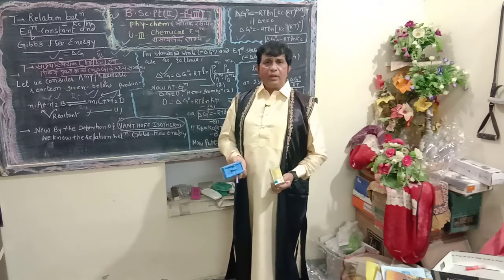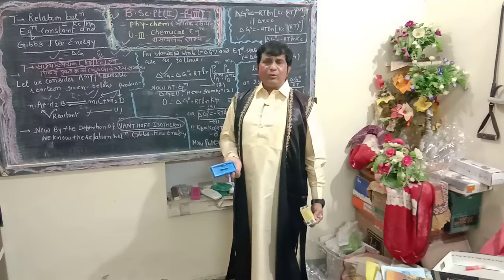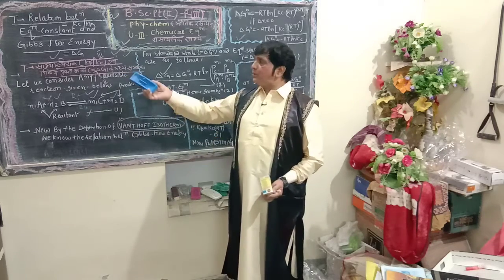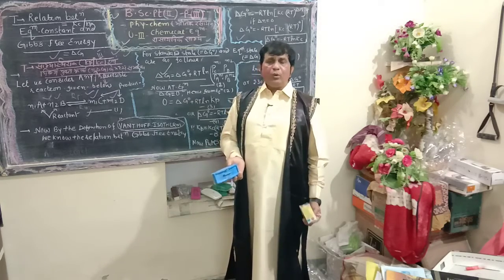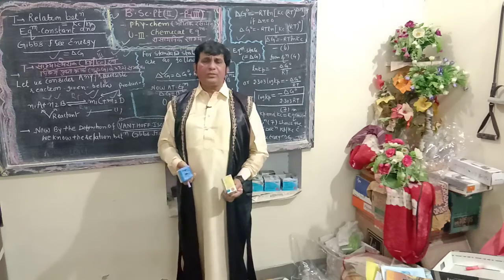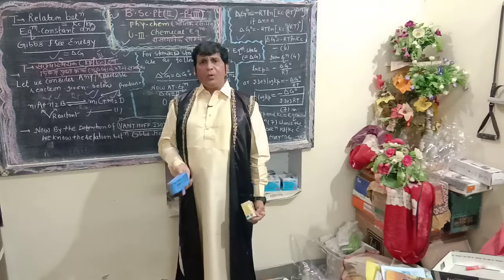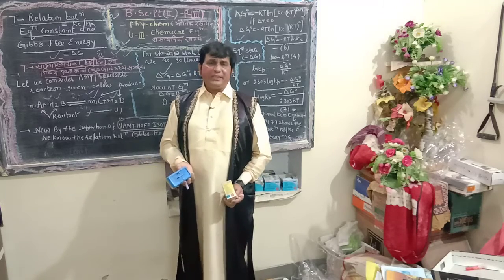In our previous lecture, we also established the quantitative relation between Kp and Kc, in which Kp is equal to Kc RT to the power delta n. Dear students, on the basis of various cases, delta n is equal to 0, delta n is negative, and delta n is positive. What is the relation between Kp and Kc?